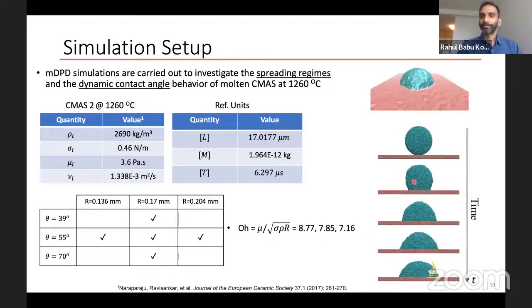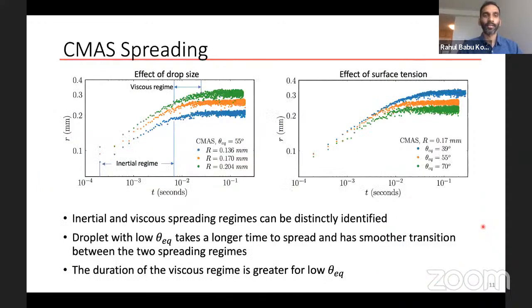Here is a quick snapshot of the simulation. We start with the spherical drop sitting close to the solid surface, and this is how the droplet evolves in time. It's probably the simplest MDPD setup that you can do. So I'll go into the results that we have obtained.